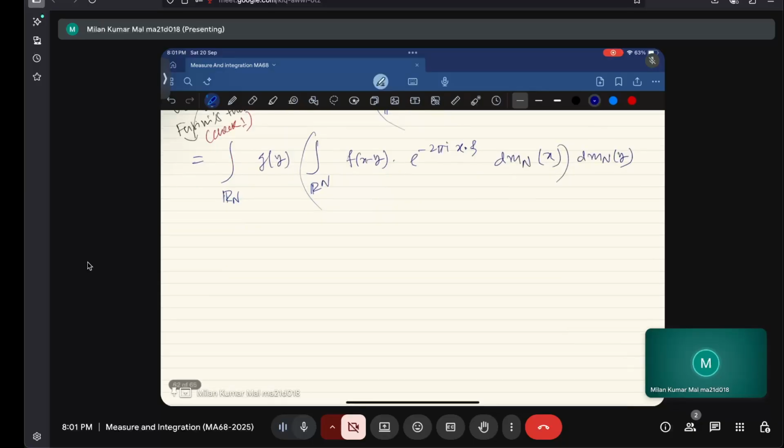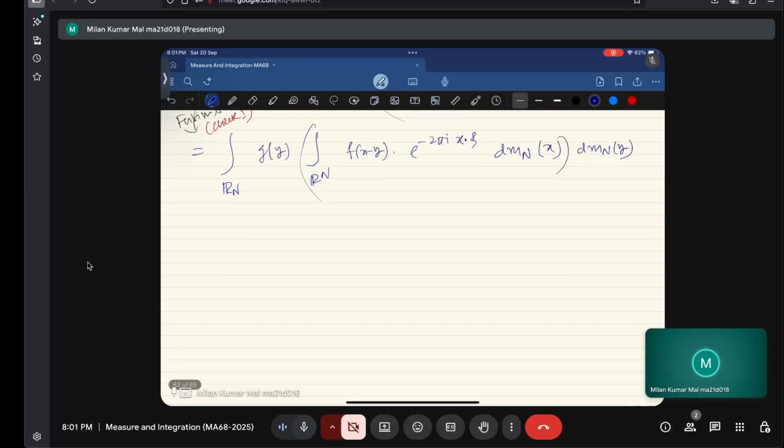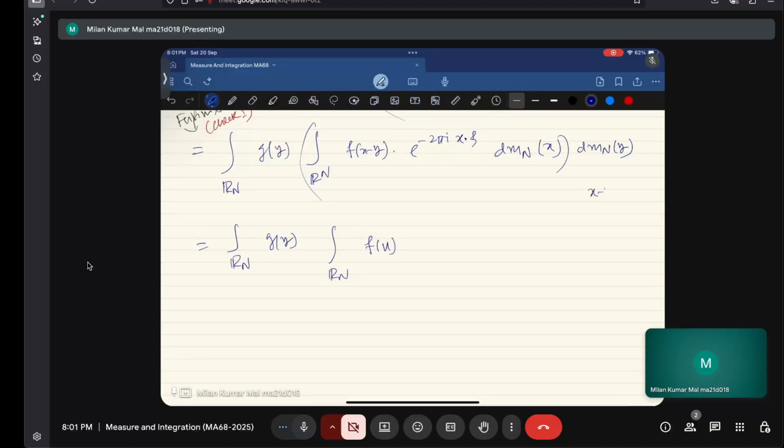Now we will be using the translation invariance of the Lebesgue measure. Let's take x minus y equal to u. Then x is equal to u plus y.